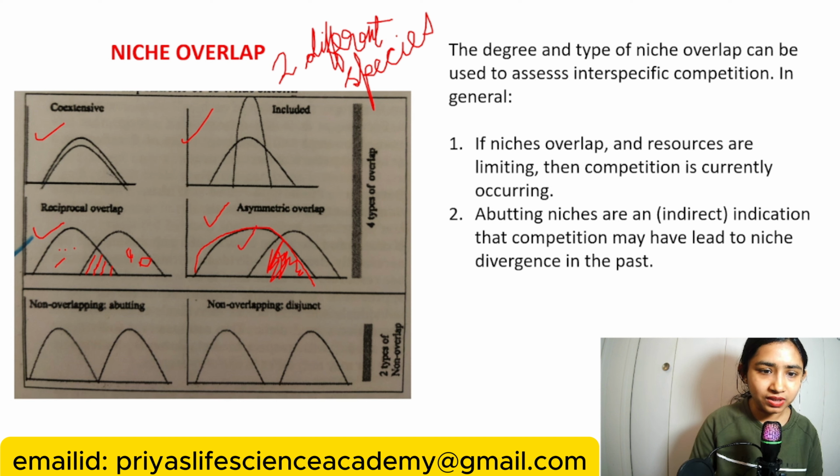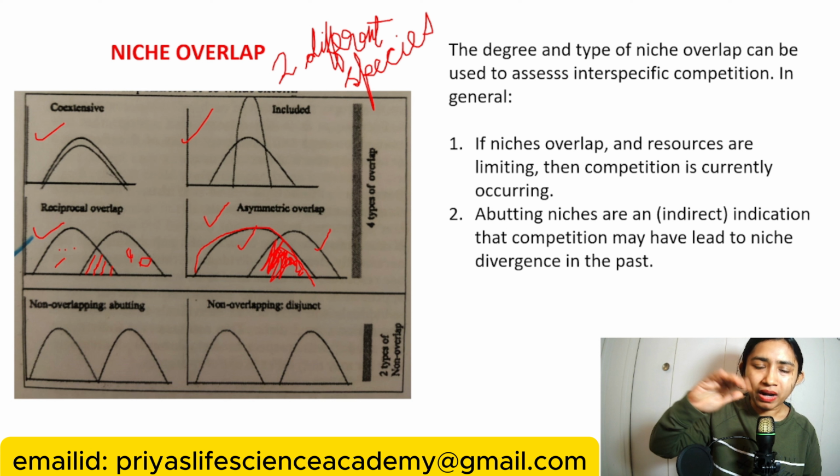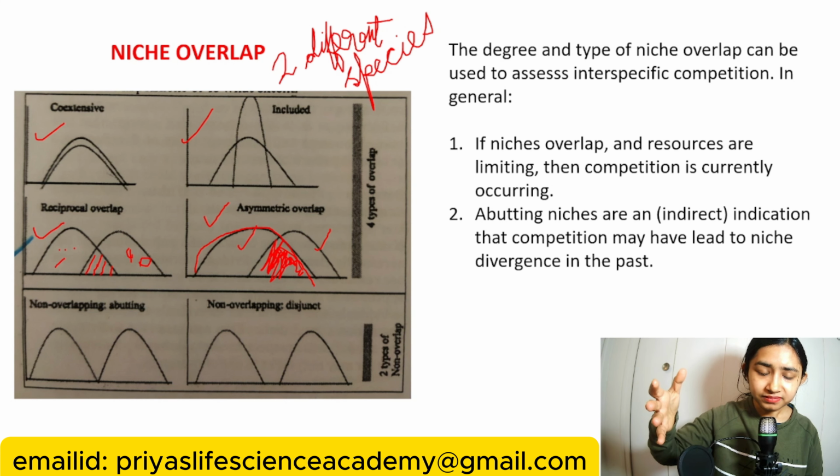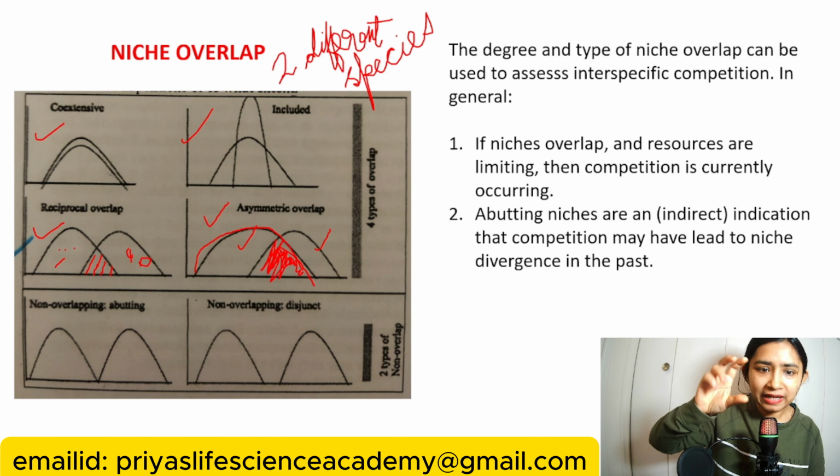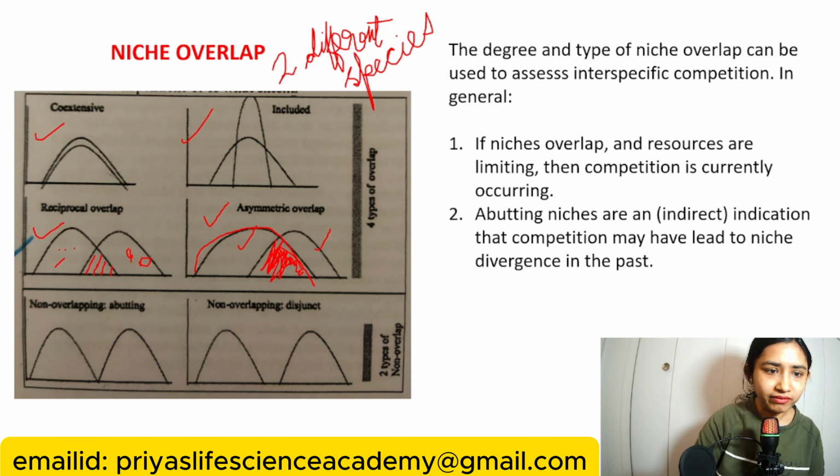Because this species is much more dependent on the shared resource, but species 2 is not much dependent on species 1's resource. So this is known as asymmetric overlap. Here one species depends more on the shared resource, which is why the overlap is not mutual. In the reciprocal overlap, the overlap was mutual.